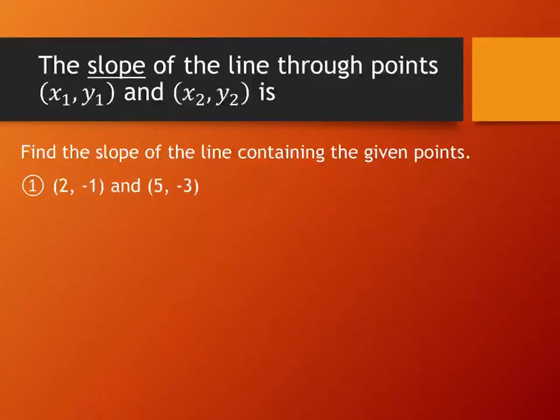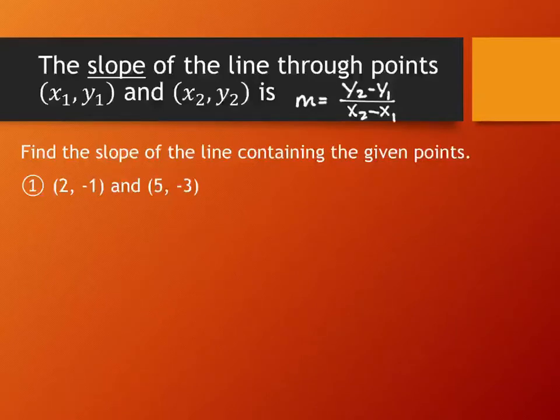So the slope of the line through the points (x1, y1) and (x2, y2) is defined as, we call it m, and it's y2 minus y1 over x2 minus x1. It doesn't really matter which point you identify as (x1, y1) and (x2, y2), just so long as you stick the ones with the subscript 1s together and the subscript 2s together.